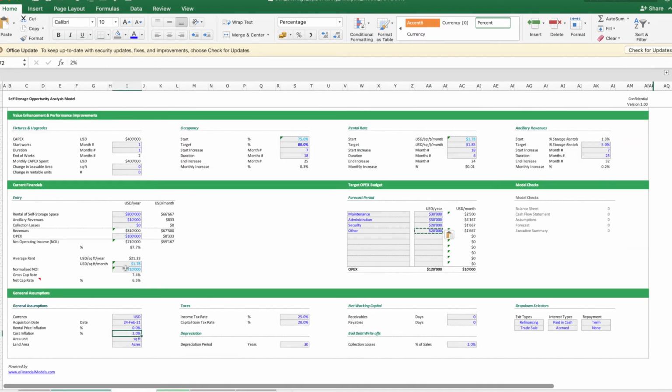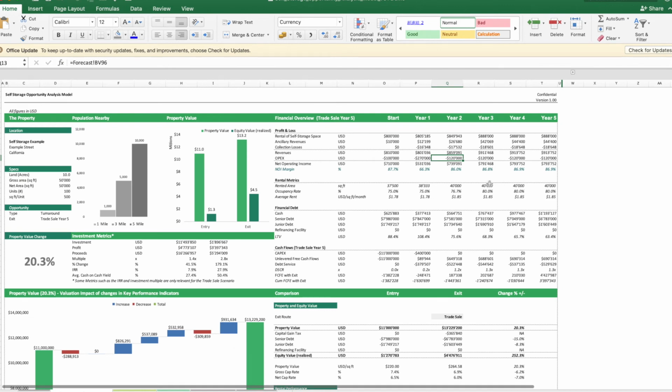Here I've assumed inflation, but to keep things simple, let's put the inflation rates to 0. Let's say the OPEX only slightly increases, so the net effect is that we can increase the NOI by about $80,000 a year in this example case.